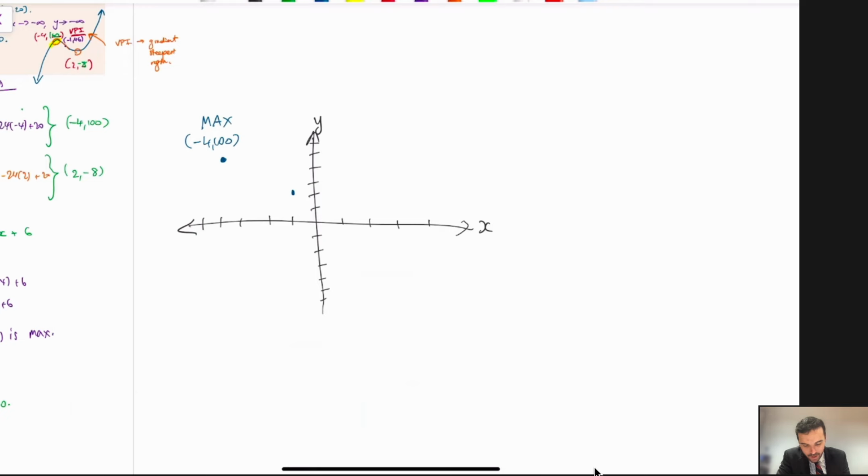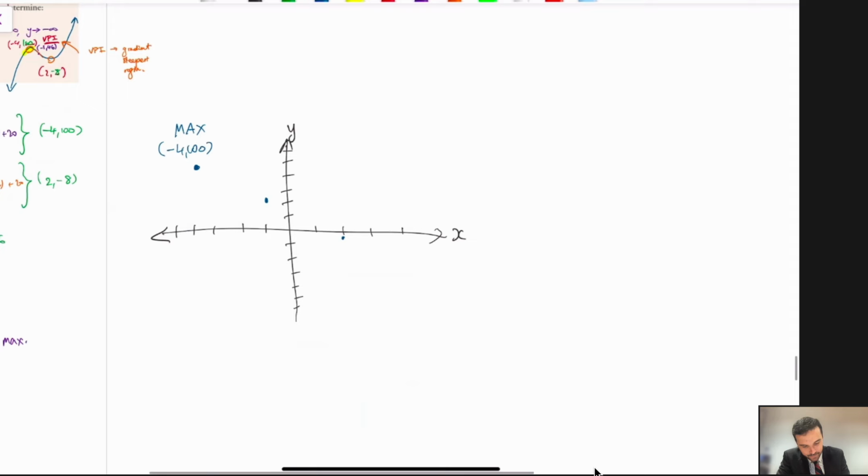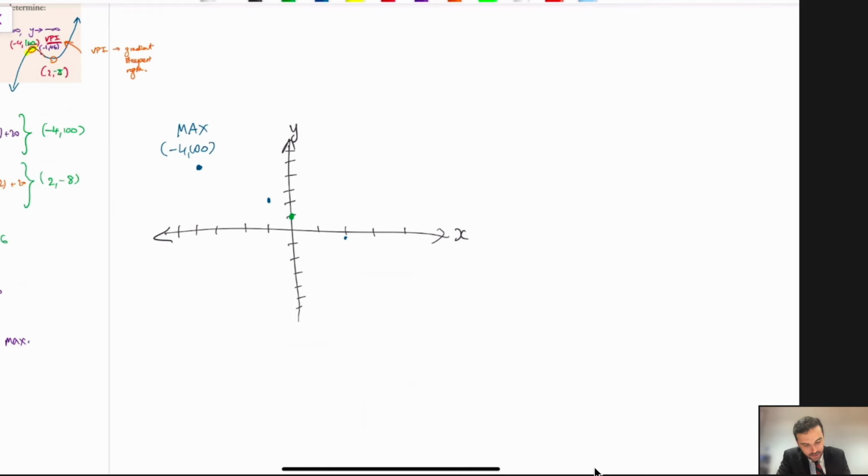Okay. We've got another point at 2, negative 8. What else we have? We had a y-intercept at 0, 20. Okay, just there. And I think we've got enough to probably start sketching this thing. We don't have those x-intercepts, unfortunately. And this is just sort of ballpark, right?